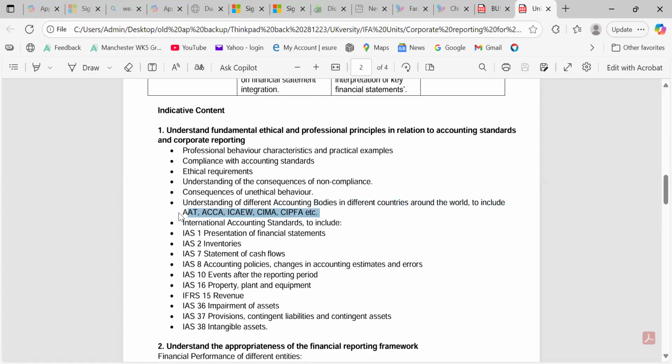AAT, ACCA, ICAEW, and of course IFA as well, and the consequences of unethical behavior, ethical requirements as a professional person, professional behavior towards true and fair.